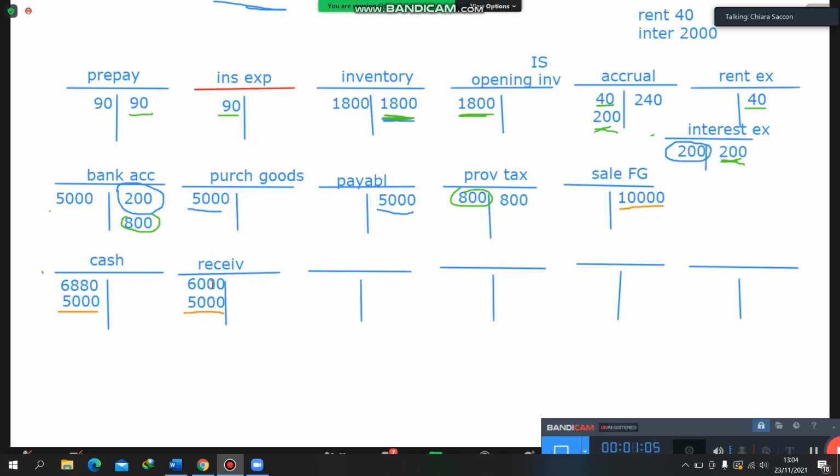We consider a cash movement, so it is 120. So we pay using cash 120 for the annual expense, and then I have it. Insurance expense 120.